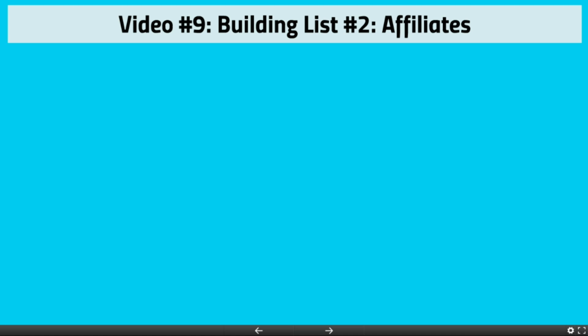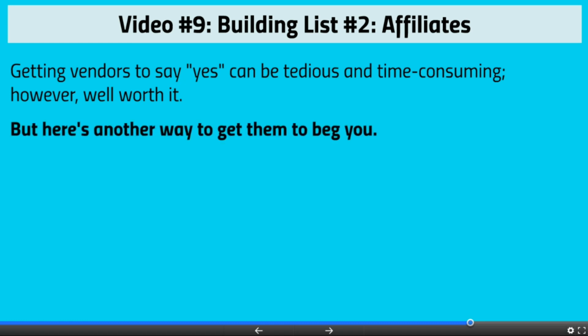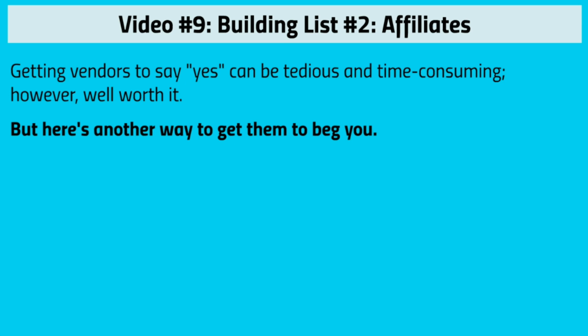I'll explain in just a minute how you can go about doing this. Getting vendors to say yes can be tedious and time consuming, however, very well worth it. However, there is another way to actually get them to come to you and get them to beg you.